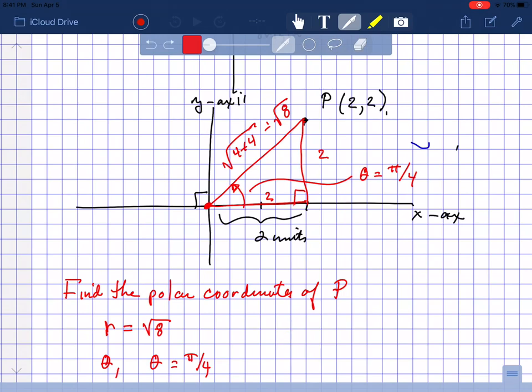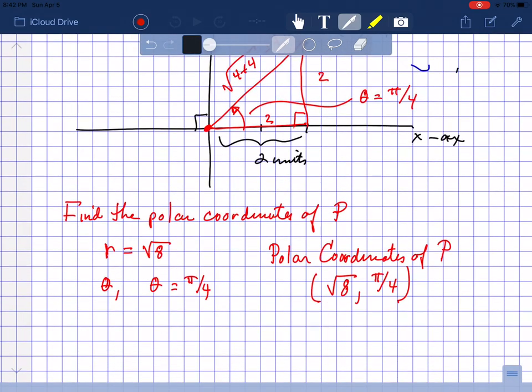Okay, so the polar coordinates of P are just given by the square root of 8 and pi divided by 4. Okay, so that's easy enough.